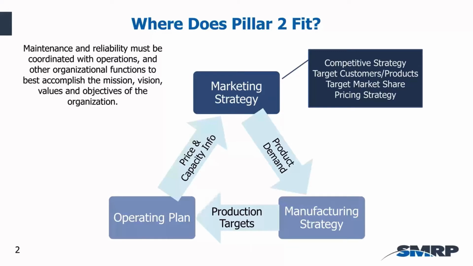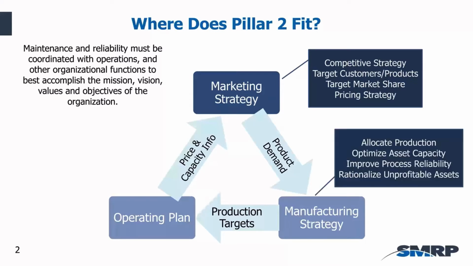Remember, the competitive strategy was whether your organization is cost competitive, or differentiation-based, or a focused competitive strategy. We also talked about the identification of target customers and products, targeting a market share and pricing strategy, and that then determined what your product demand would be.